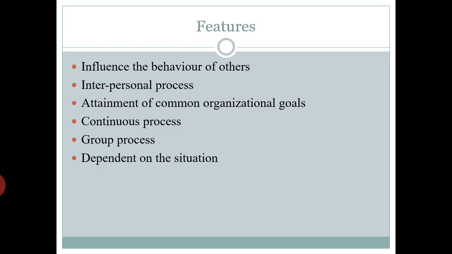Then attainment of common organizational goals. It means all the efforts are done in such a way that the organizational goals are achieved. You should be able to convince your followers, that is your subordinates, in that way.